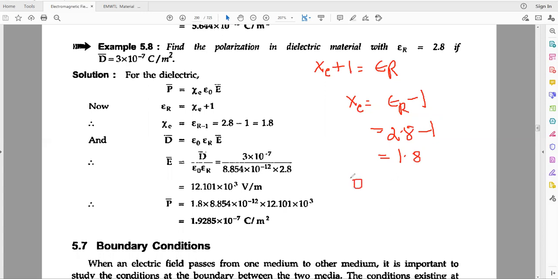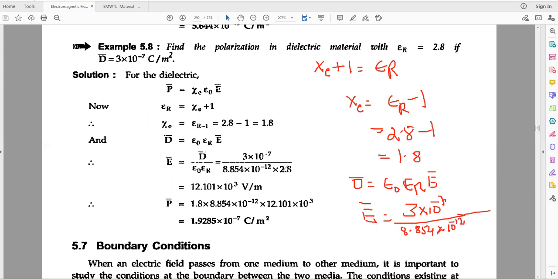And we know the electric flux and the electric field are related as epsilon naught epsilon r into E bar. And E bar is equal to D bar divided by epsilon naught epsilon r. The D bar is given as 3 into 10 power of minus 7, divided by epsilon naught, 8.854 into 10 power of minus 12.